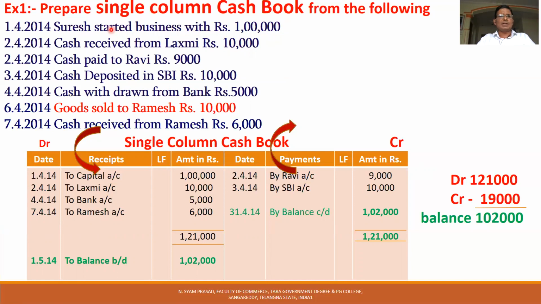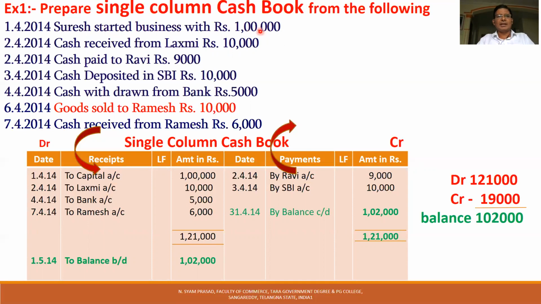By the business entity concept, the business is separate from Suresh. So Suresh investing 1 lakh means Suresh giving 1 lakh to the business. So 1 lakh coming to the business, given by Suresh, is cash account and capital account.